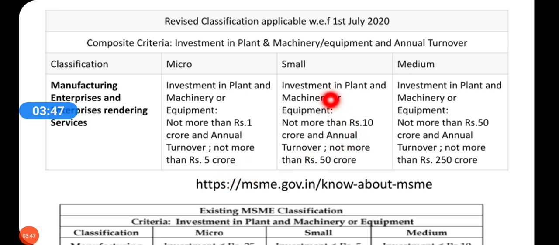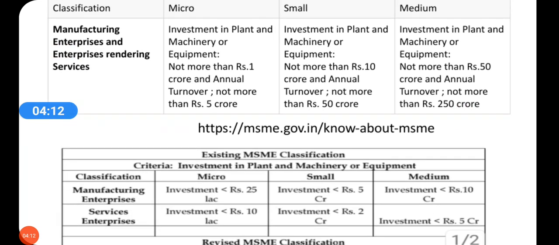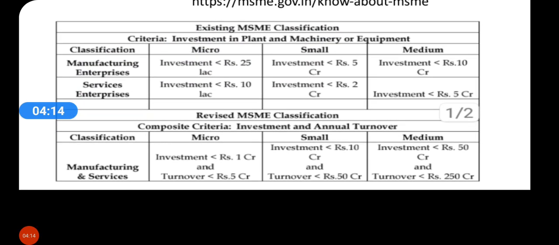Okay, and in small, plant and machinery investment not more than 10 crore, and turnover should be less than 50 crore. And in case of a medium enterprise, investment in plant and machinery should be not more than 50 crore and annual turnover not more than 250 crore. Okay.